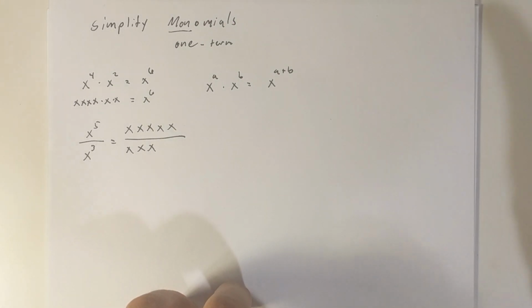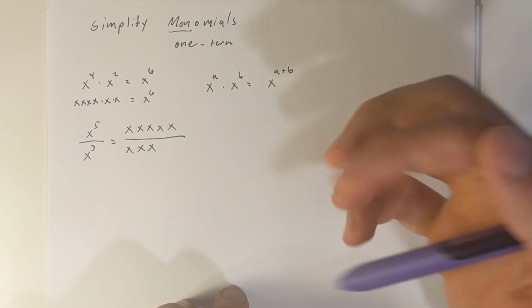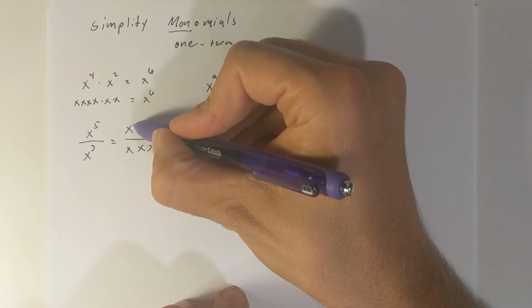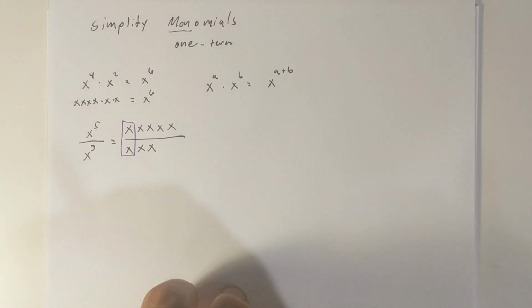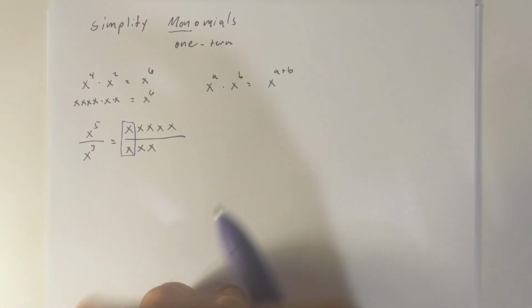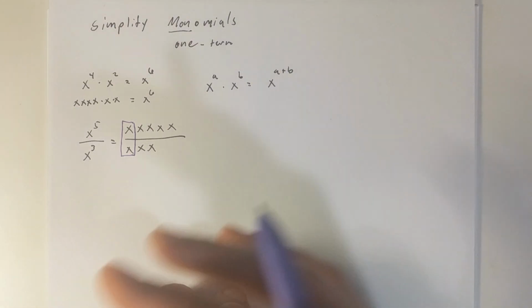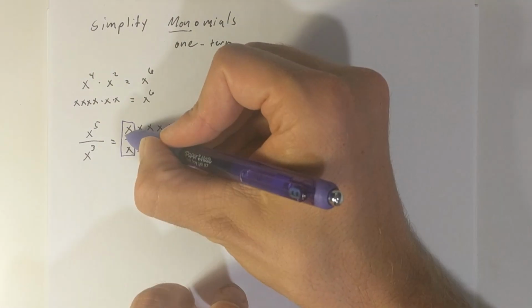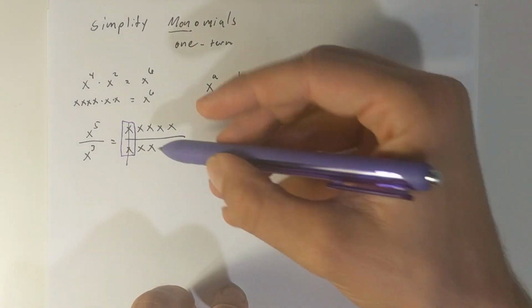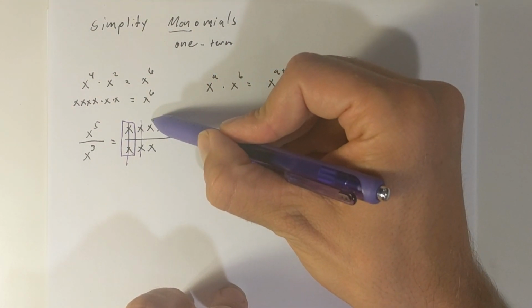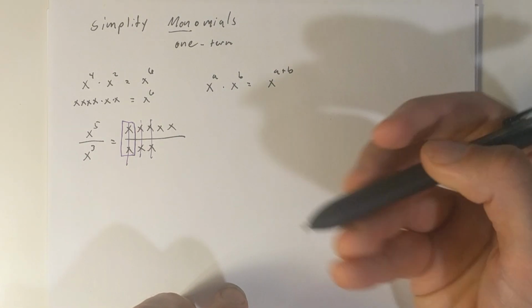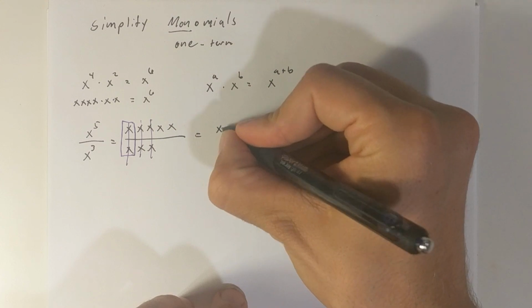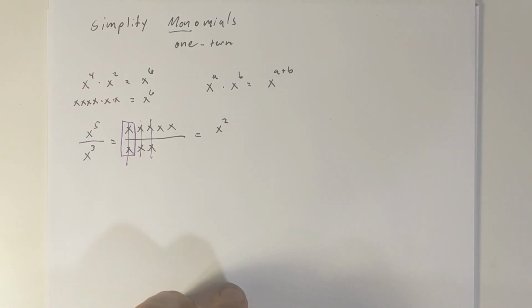And so I can actually choose to just take a single x and divide it by another single x. And so I get x divided by x. And anything, 2 divided by 2, 5 divided by 5, anything divided by itself is 1. So that cancels. So then we notice, oh, well, here's another pair, here's another pair. And so all three of those pairs cancel, and I am in fact left with an x squared on top.